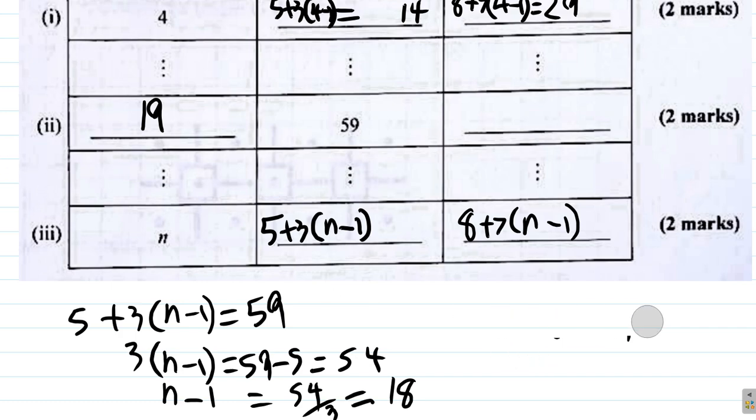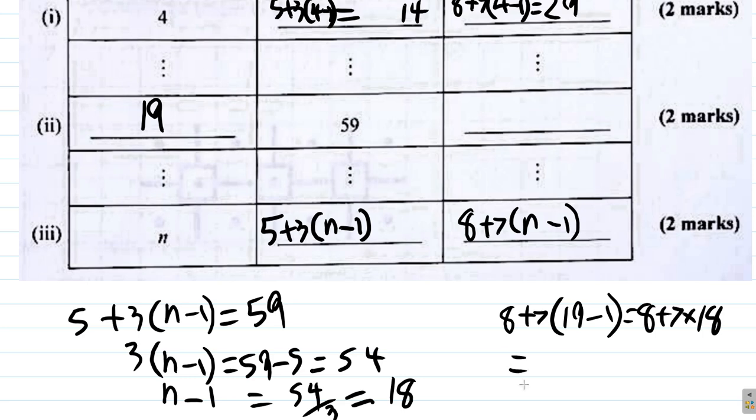So this part now says 8 plus 7 times 19 minus 1, which would be 8 plus 7 times 18. Let me use my calculator off the screen. 7 multiplied by 18 equals 126, plus 8 equals 134.